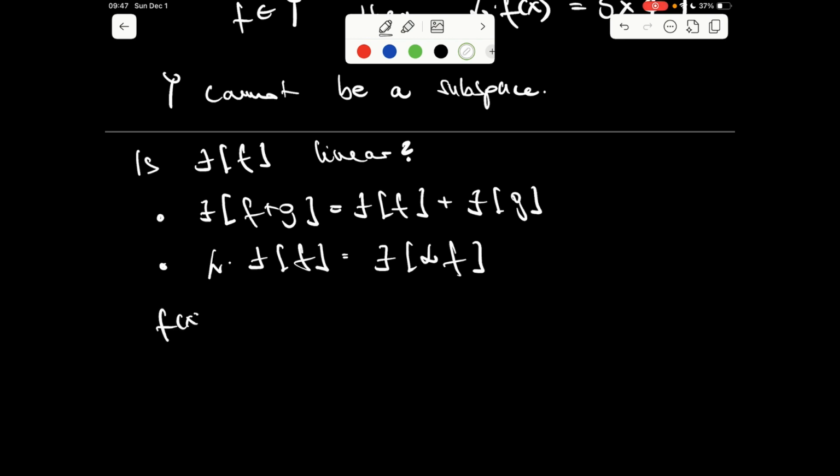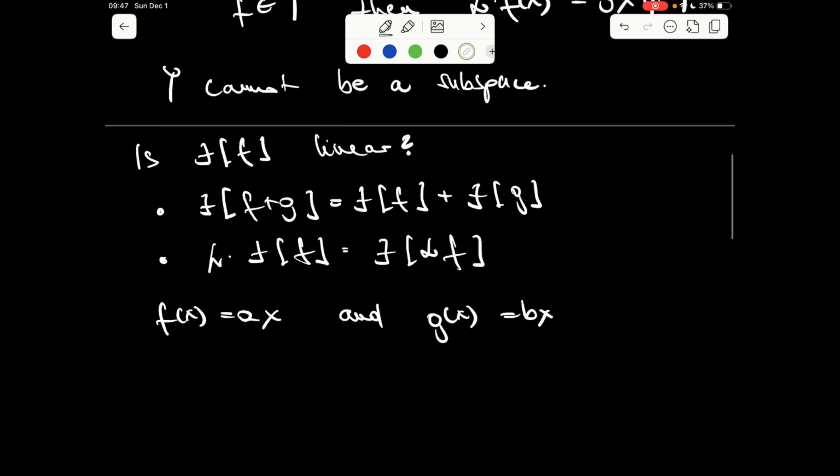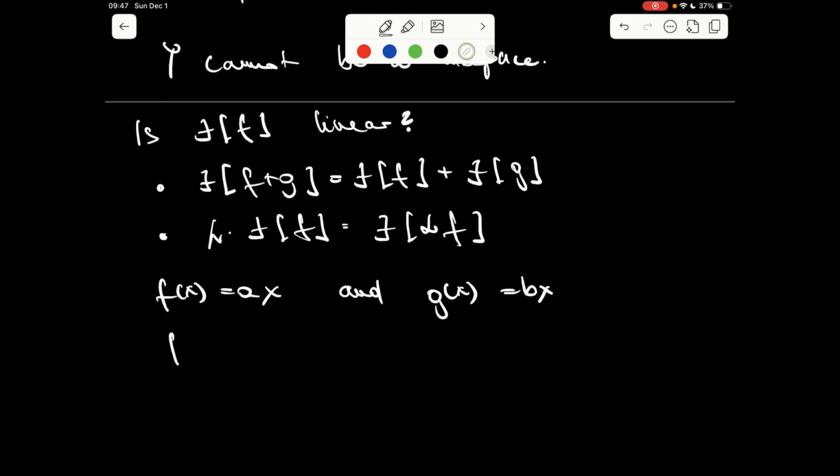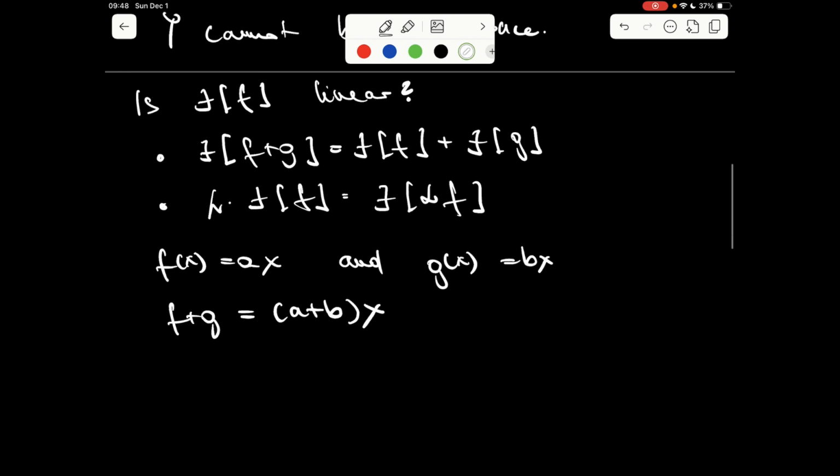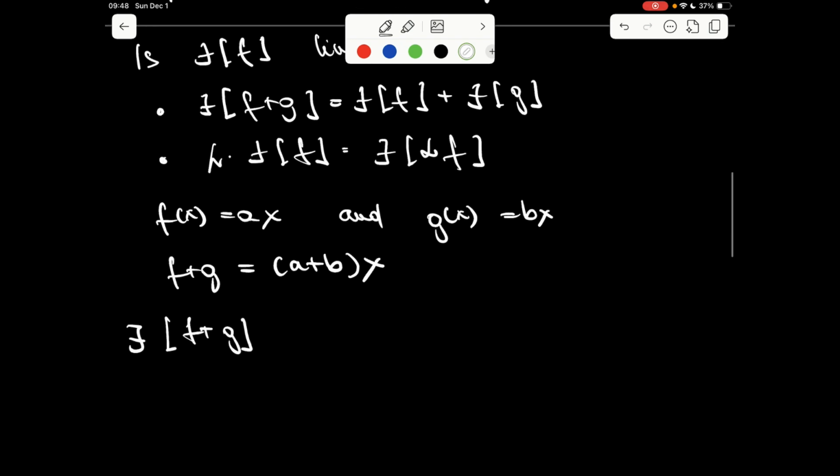If f(x) is ax and g(x) is bx, then f plus g is (a plus b) times x. And then the functional of the sum is a bit tricky. It ranges from 0 to a plus b.